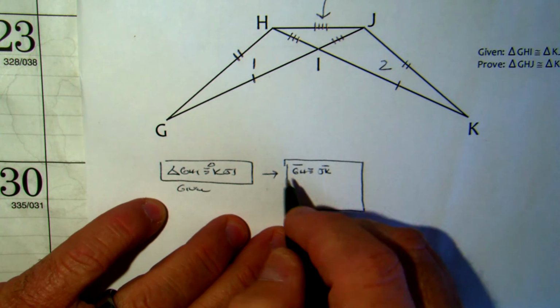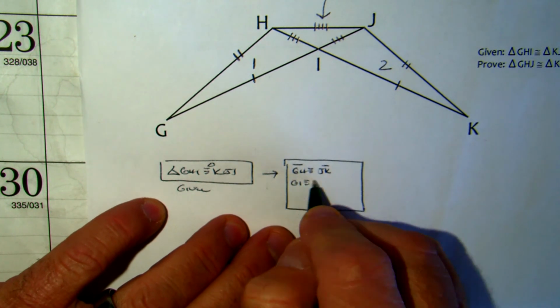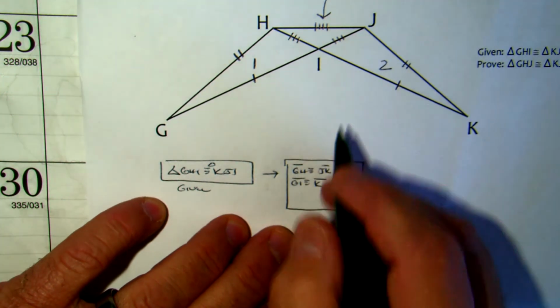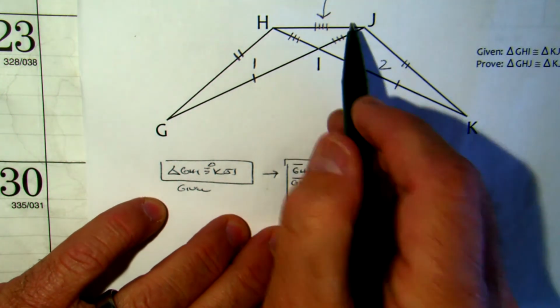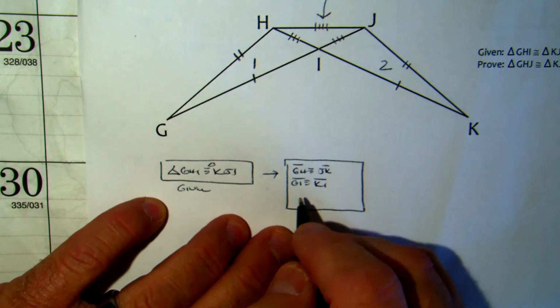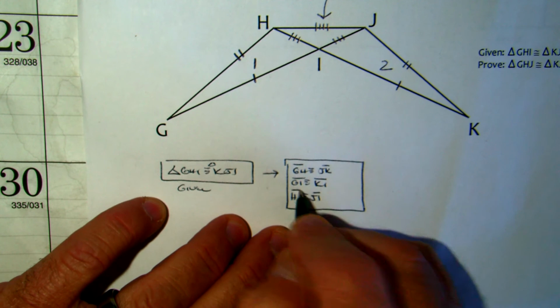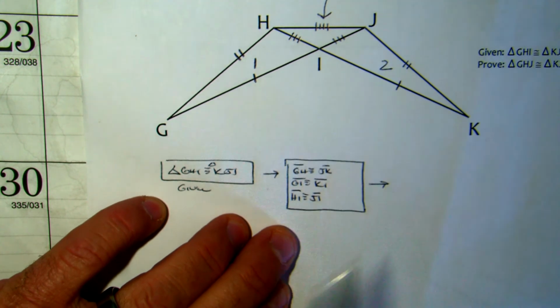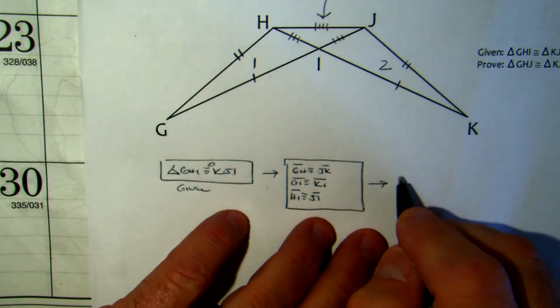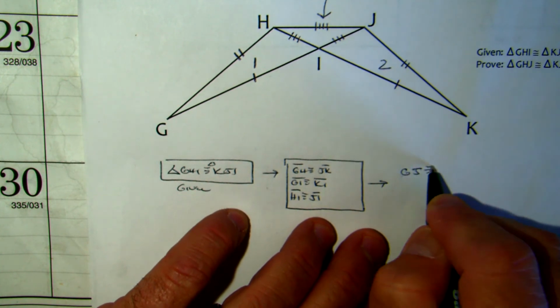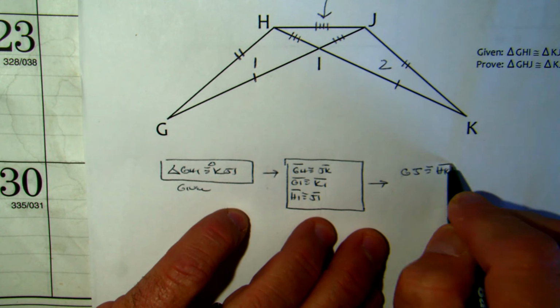GI is congruent to KI, the inner ones. And then the ones that make up the isosceles triangle on the bottom that we'll talk about in a second, HI is congruent to JI. From there, we can say that GJ is congruent to HK, the bigger segments.